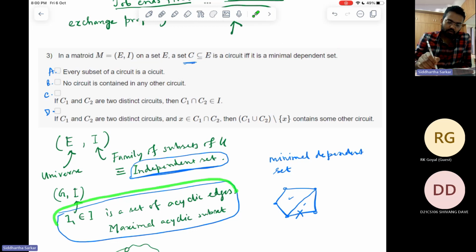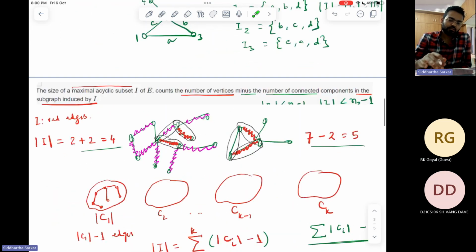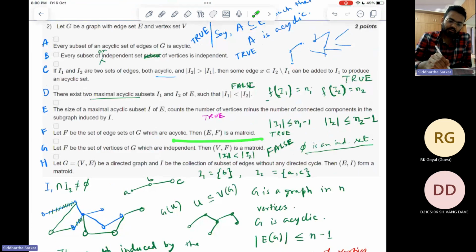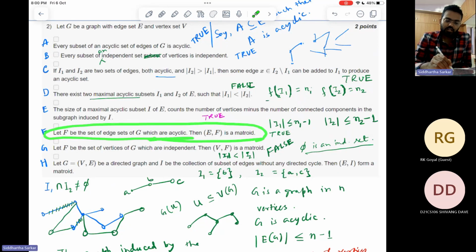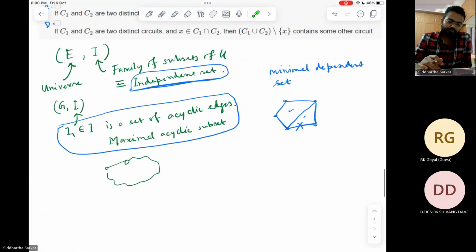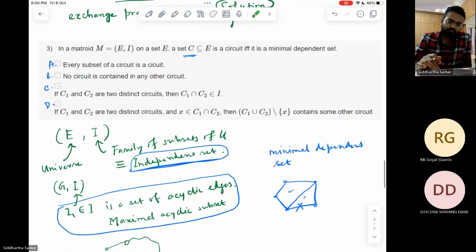But if you're talking about the matroid that we have seen so far, the universe is all the edges, and F is subsets of edges which are acyclic. With respect to this matroid, a circuit is a cycle. Is it understood?